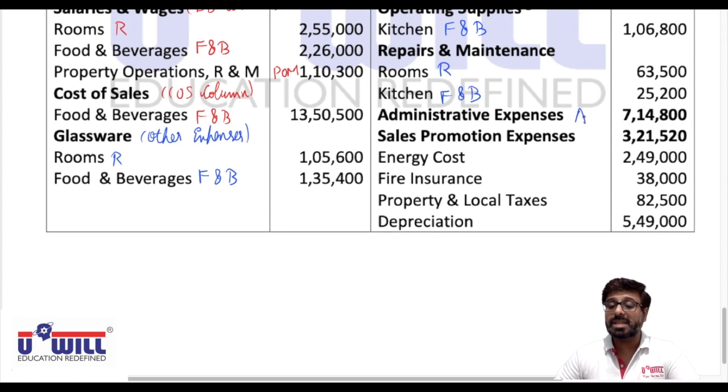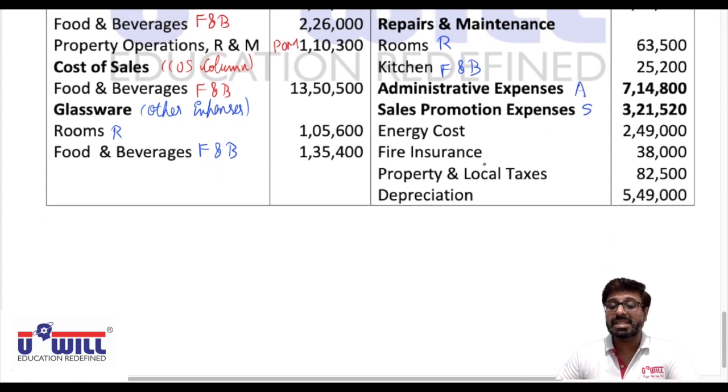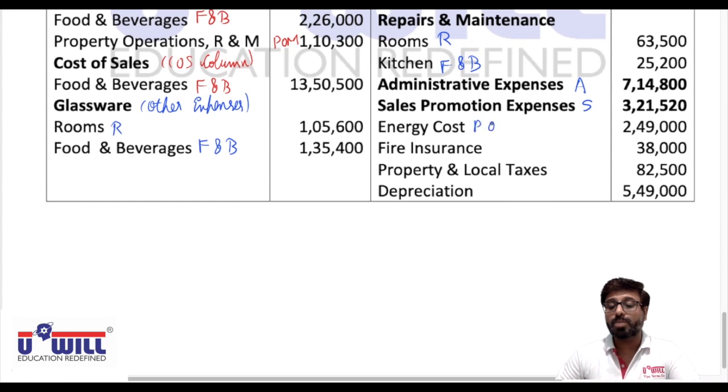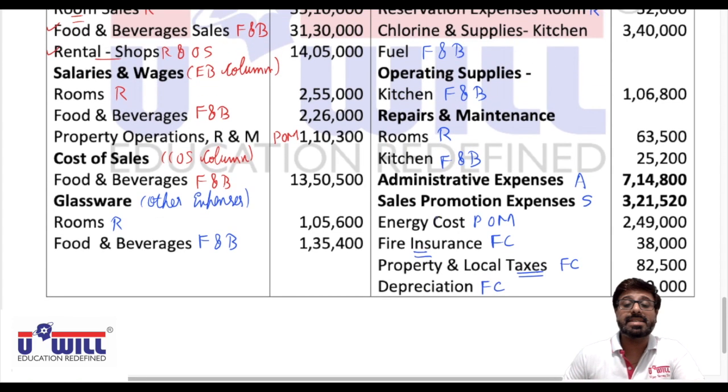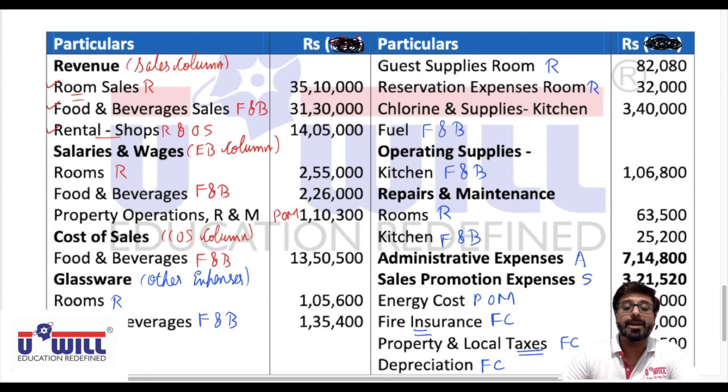Administrative expenses A. Sales promotion expenses S. Energy cost, property operation and maintenance. Fire insurance, fixed cost. Property and local taxes, fixed cost. Depreciation, fixed cost. Now let's decide which all notes will come, be attentive.